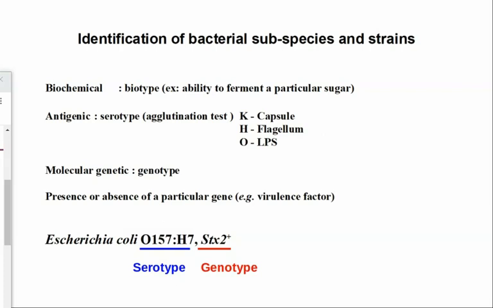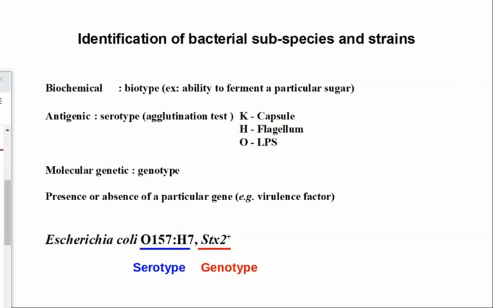But some strains are invasive and can cause meningitis. So you want to be able to determine whether you've got a pathogenic strain of Streptococcus pneumoniae or Escherichia coli in the person that you're dealing with on your agar plate. So that's why subspecies identification is very important.